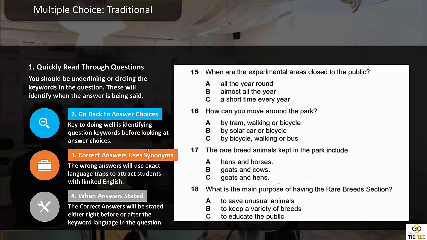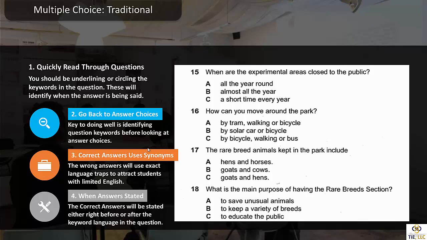All of the questions go in order. And so what you're doing here is you have to be able to quickly read through the questions, and you want to underline the keywords in the questions. I didn't say the answer choices. Underline the keywords in the questions, because that's what's going to help you to be able to know when the answer is being said.